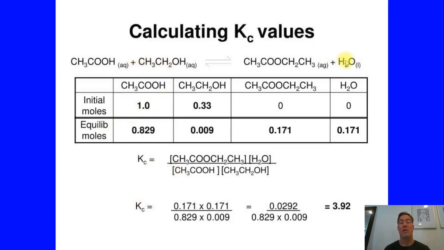Here is the reaction. Here's what we're starting with initially. So initially we're starting with 1 mole and 1/3 of a mole of these two species. Initially there's no product, but at equilibrium we have this distribution, and to determine the Kc value we're simply going to plug all of those values in, right? So we're going to take products over reactants. We're going to get our Kc value.